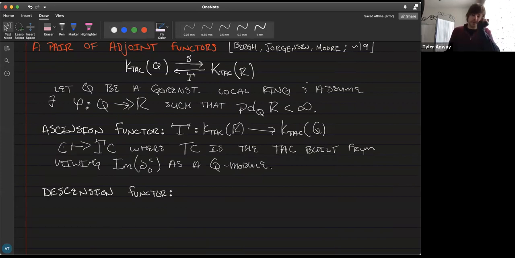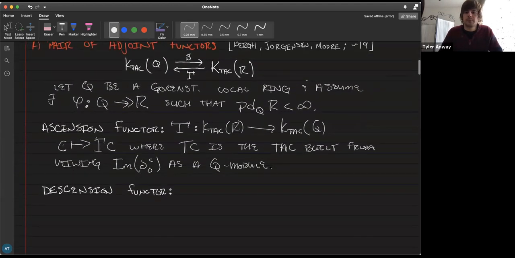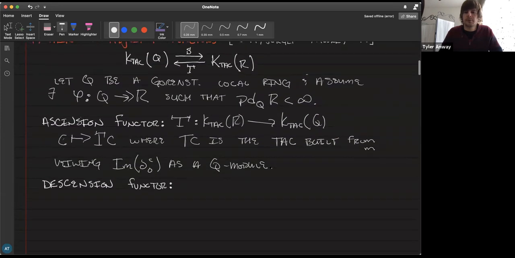So in other words, take your complex, restrict your view down to the image of the zeroth differential, view that as a Q module, and then use that formal process I was talking about earlier, this complete resolution, to get your totally acyclic complex. As expected, this functor also operates on modules and morphisms perfectly fine, but it's not as important for this talk, so I won't discuss it.